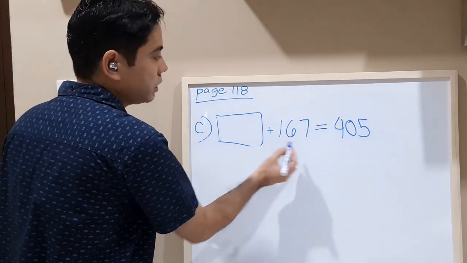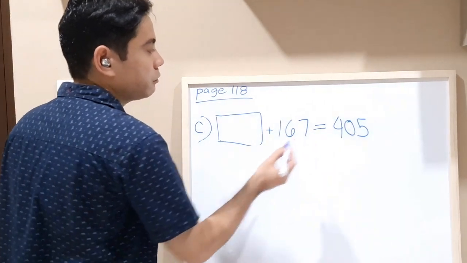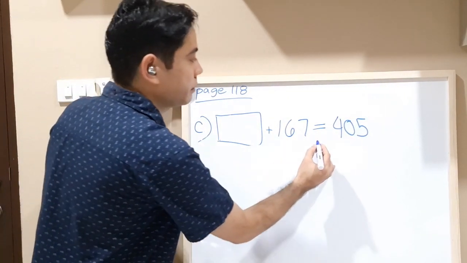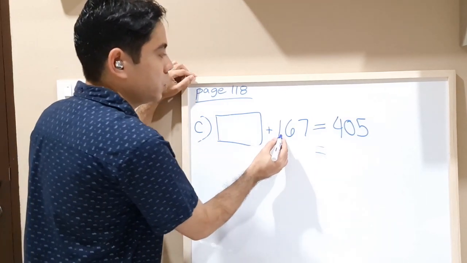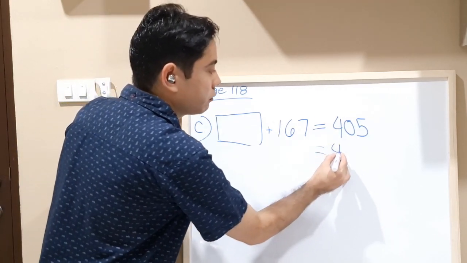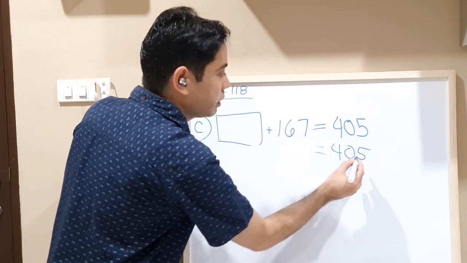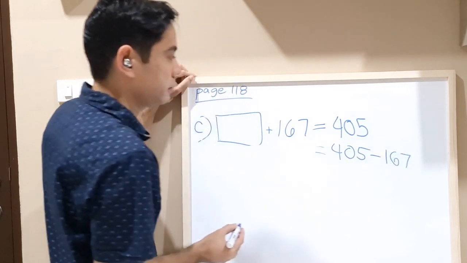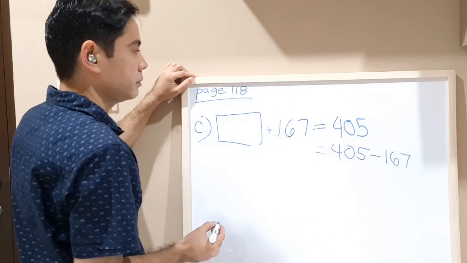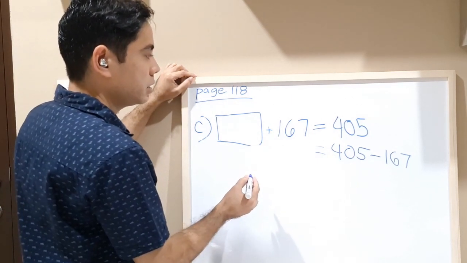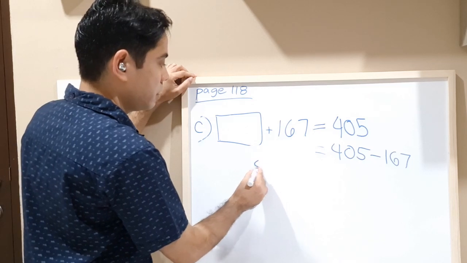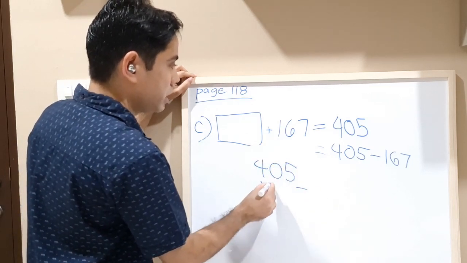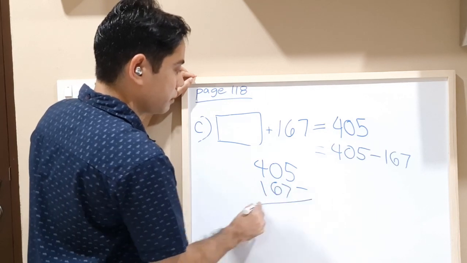If you add these two numbers, it will give you 405. So let us find the missing number. So we can write it like this. 405 minus 167. Let us solve. 405 minus 167.